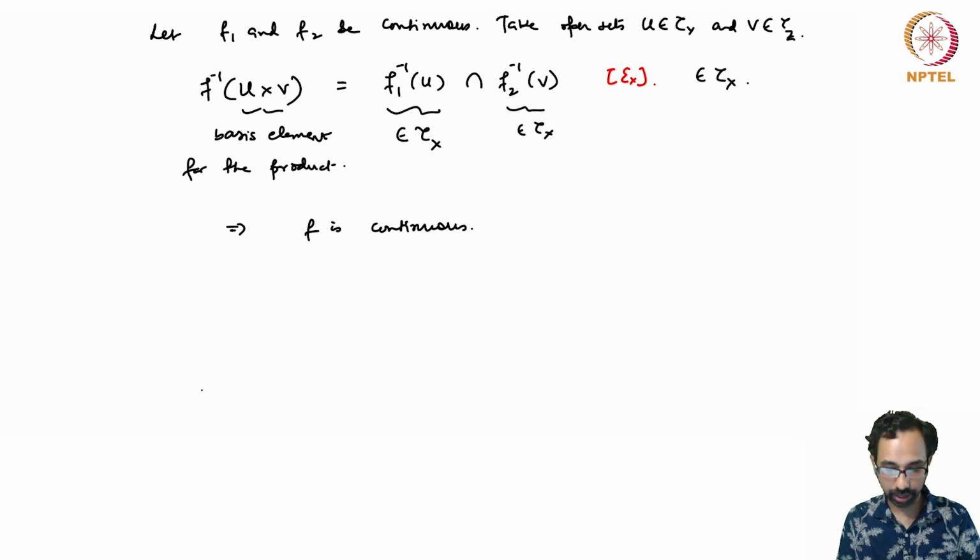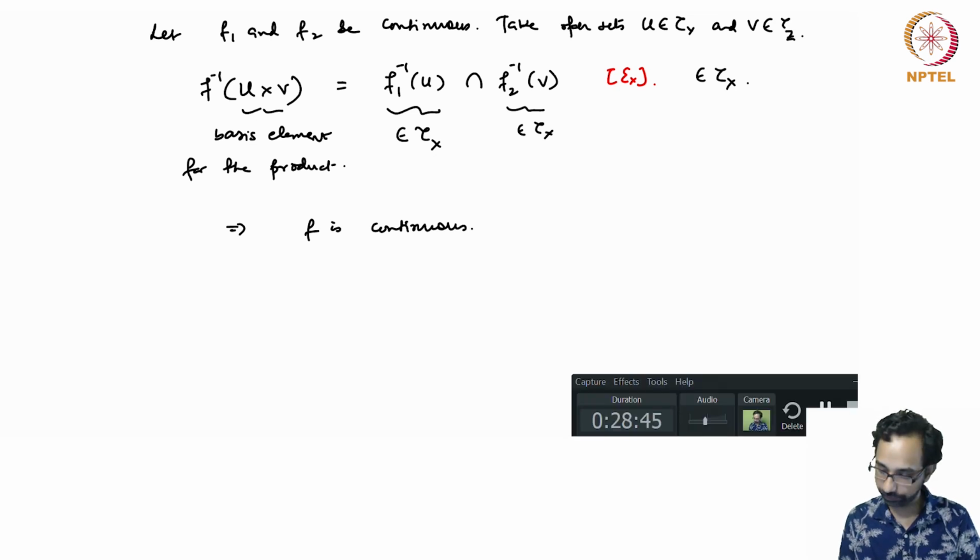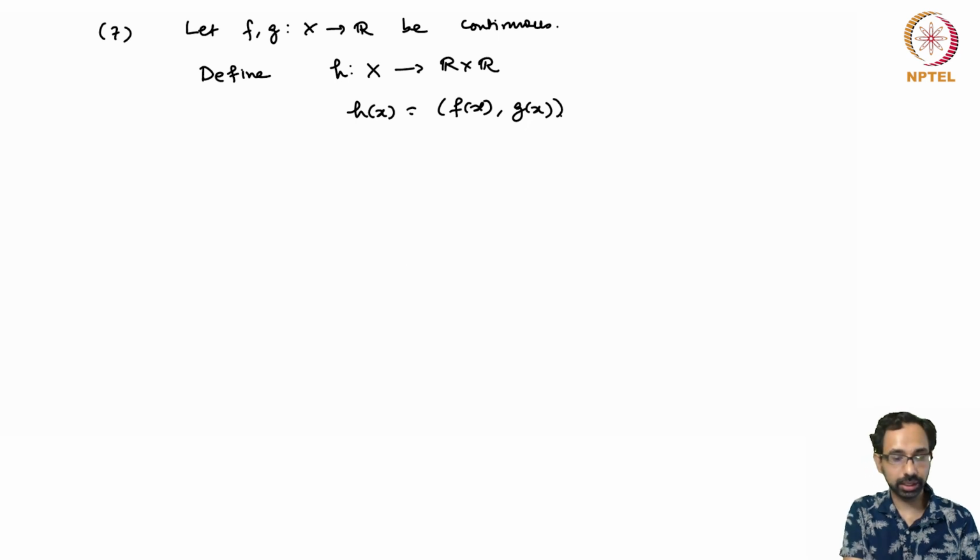Finally, let us look at the last property, which is about real valued functions. For this, let us take two continuous functions f and g from X to R, and let us define a map h from X to R cross R, the Cartesian product, by taking h(x) = (f(x), g(x)).